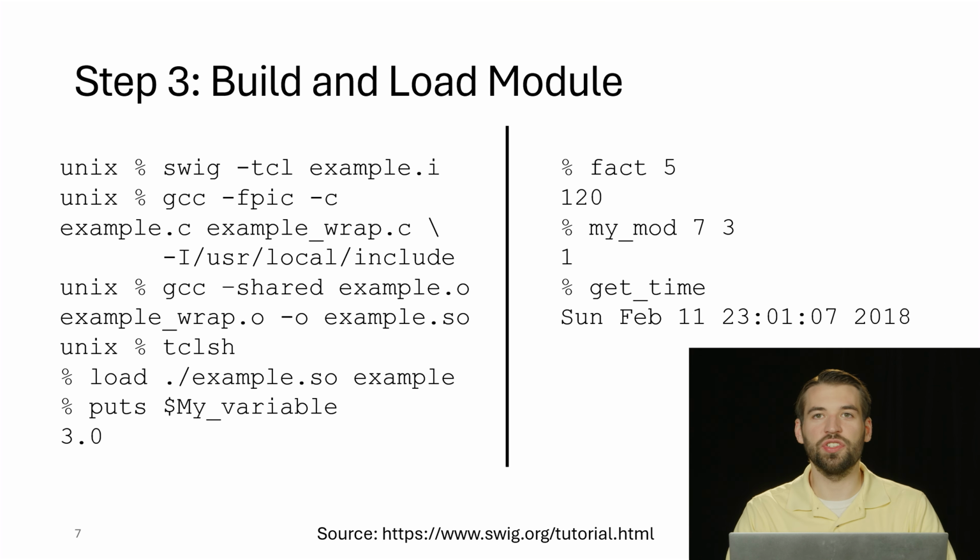So last, we just need to invoke SWIG to create the interface. You can see that the -tcl flag is used when running the SWIG command on the example.i interface file. The next step is to take this example_wrap.c file, which is generated by SWIG from the example.c file, and compile them together using your favorite compiler, in this case GCC.